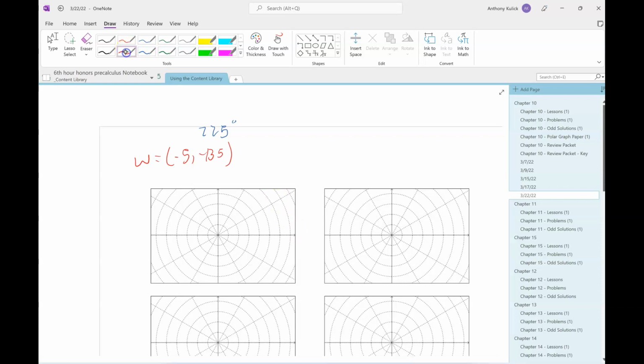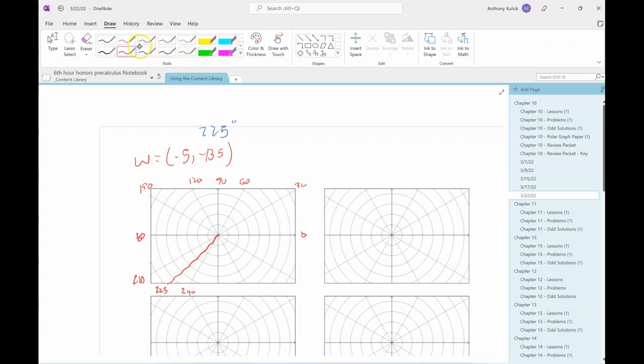So I go and I count around: 0, 30, 60, 90, 120, 150, 180, 210, and then 240. So halfway in between here is 225.